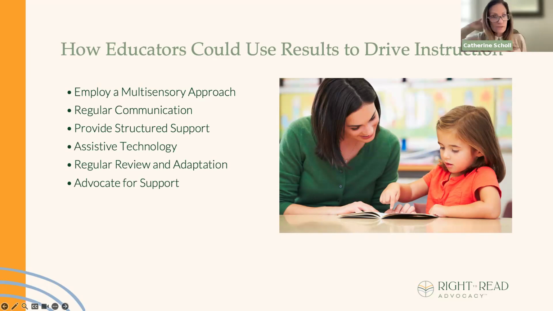Another big one now is assistive technology. A lot of times a comprehensive literacy evaluation can incorporate an assistive technology eval. And that will go to how the child learns best and what kind of technology we can give him to help him access that. So a big one with dyslexic learners is text to speech, speech to text, right?